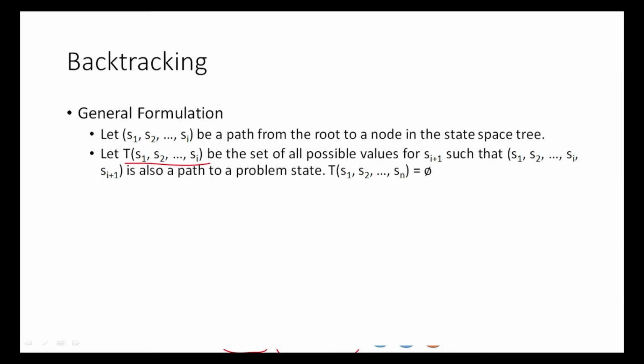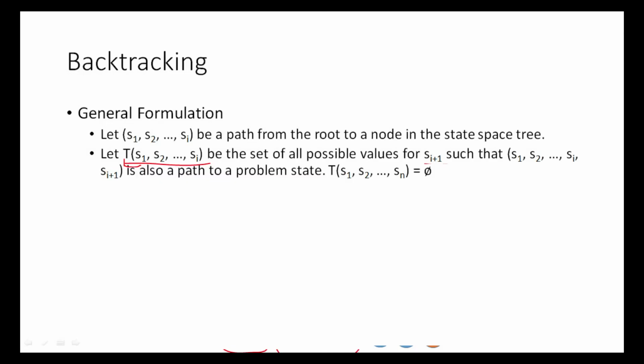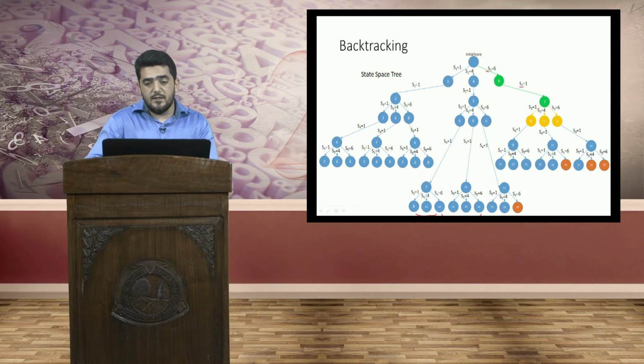This T represents all possible choices that can be made for Si plus 1, such that S1, S2, up to Si and Si plus 1 are also a path to the problem state. Now, in our example, since this partial path is S1 equal to 6 and S2 equal to 1.